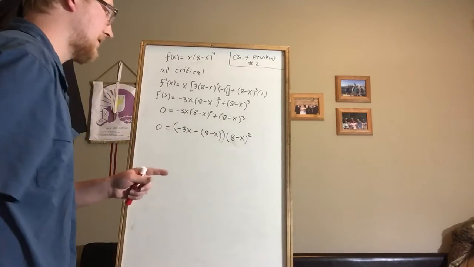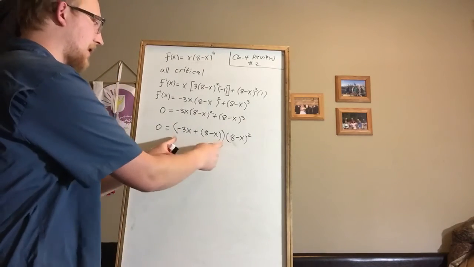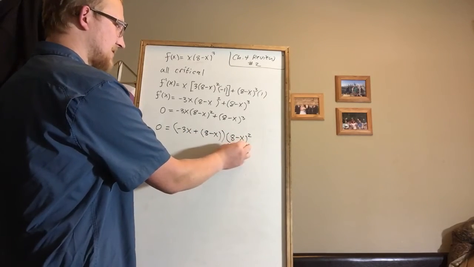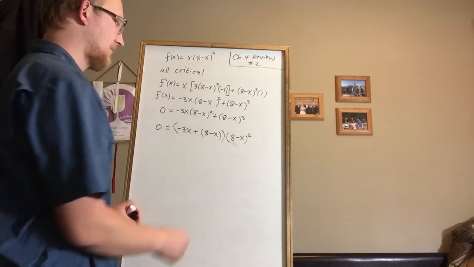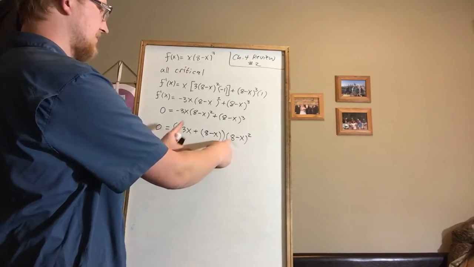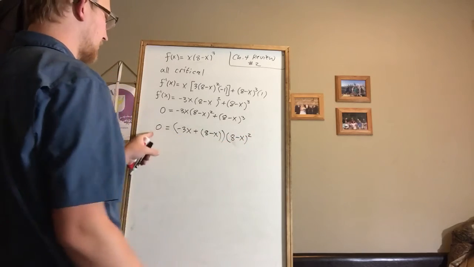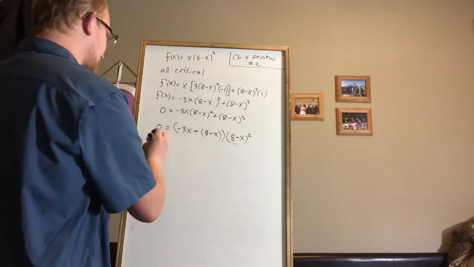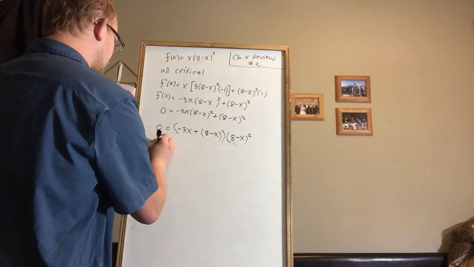Now at this point, we know that we've got a product here. It's this term times this term. If this term goes to 0, it will destroy this term, and then this will be equivalent. And if this term goes to 0, it will destroy this one and they will be equivalent. So we just need to set either one of these factors equal to 0 and solve for them.